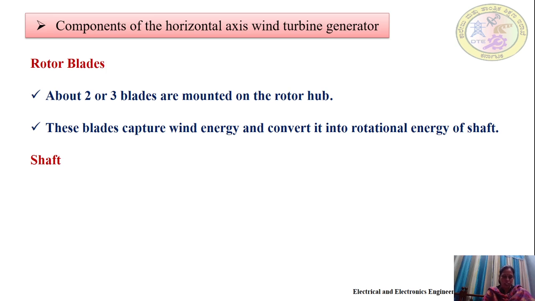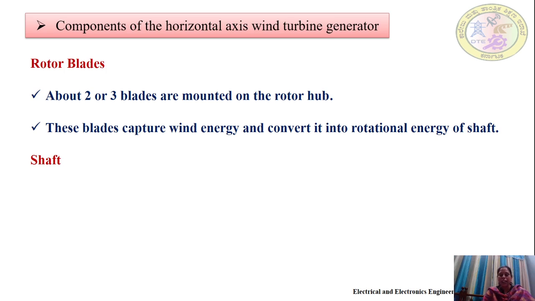We'll see what this gearbox is now. It rotates at low speeds, so it is called the low speed shaft. While explaining, I told you there are a low speed shaft and a high speed shaft. The shaft connected between the hub and the gearbox is called the low speed shaft, meaning it runs at lower RPM.